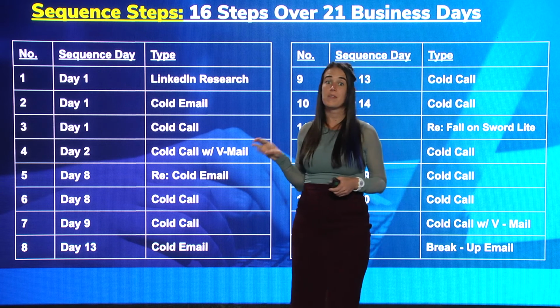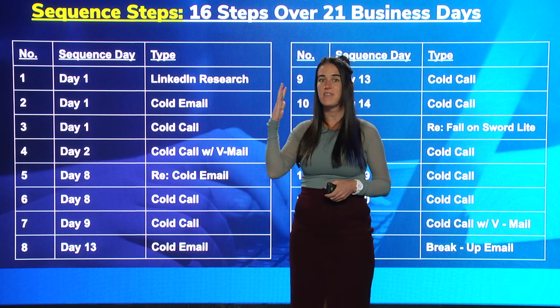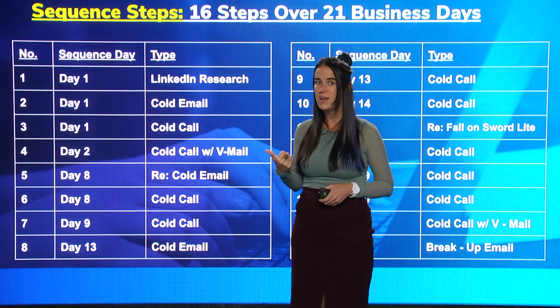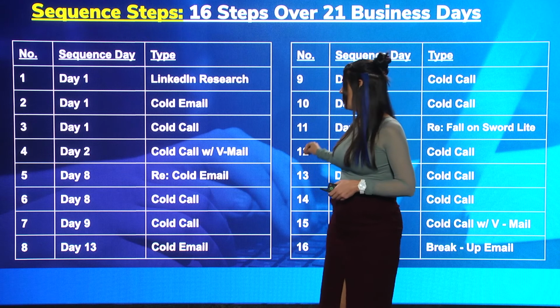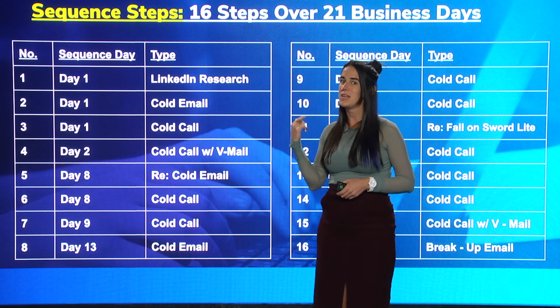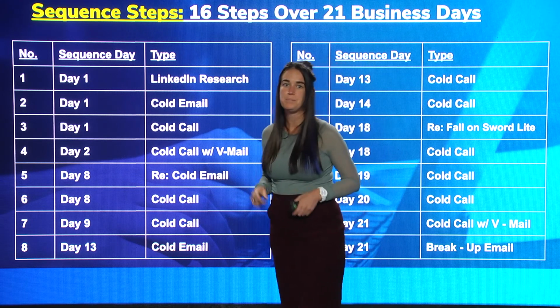If you want to know more about the text of these emails, go to the session on follow-up emails, where I dive into that pretty significantly on the text and the infrastructure of those within season 1. But the second pod is going to be cold email, cold call, cold call. Same infrastructure as pod 1.